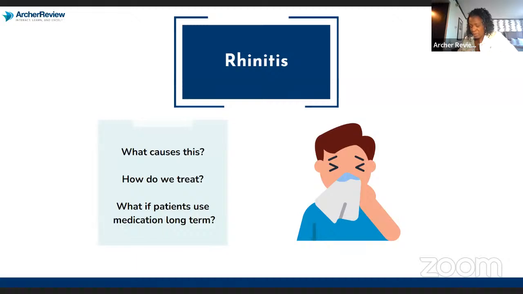You can also take an antihistamine like cetirizine, Zyrtec or Claritin all year round. I often tell my patients to switch it up after 6 months if your body's getting used to it. Some people need medication all year round because they have allergies to every season. It's important to know that it is allergic and you don't need to treat it as a bacterial infection.